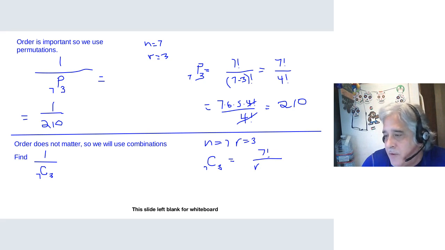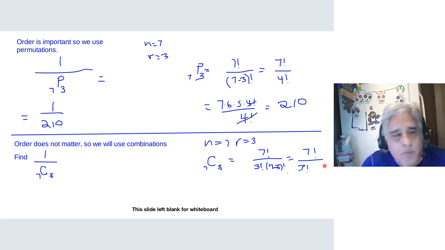I'm sorry, it's a 3 factorial, which is our R. And then we still got the 7 minus 3 factorial, and then 4 factorial.